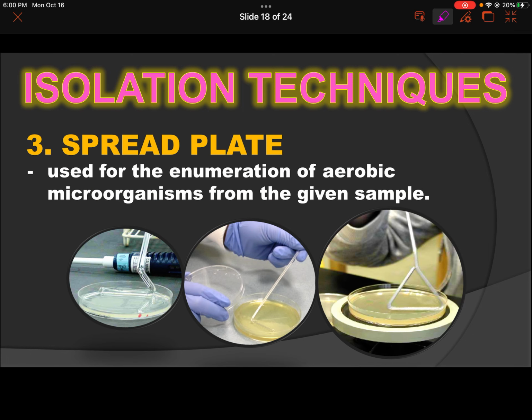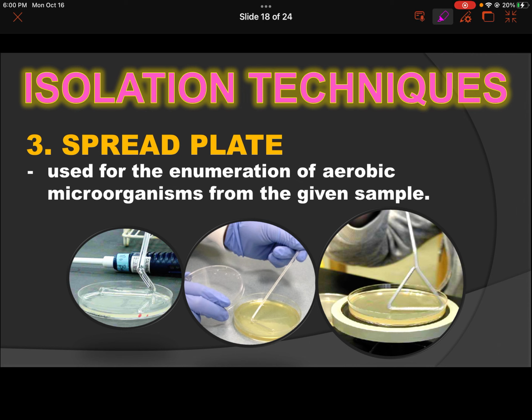So the spread plate technique is like the multiple interrupted streak, where you are already using solidified agar. So you already have the Petri dish, you already cooked the agar. So instead of streaking using the inoculating loop, you just spread the colonies on top of the agar.